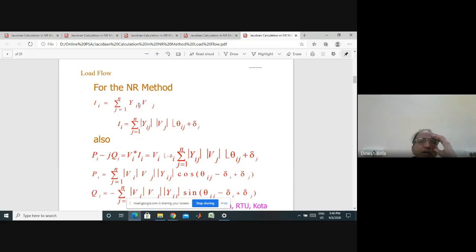So Yij is its magnitude Yij with angle theta ij, and Vj is its magnitude Vj with angle delta j. So Ii is equal to sigma j equals 1 to n of Yij Vj with angle theta ij plus delta j.